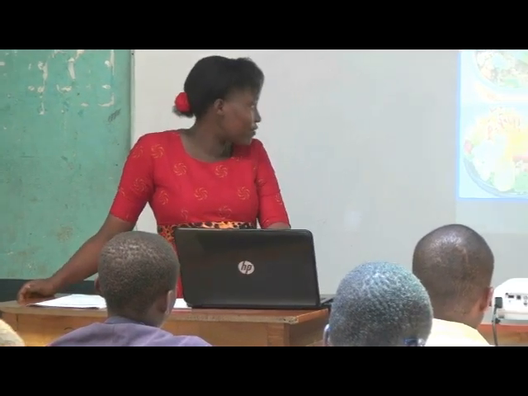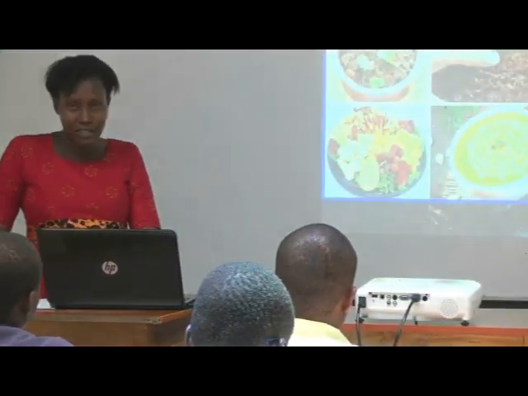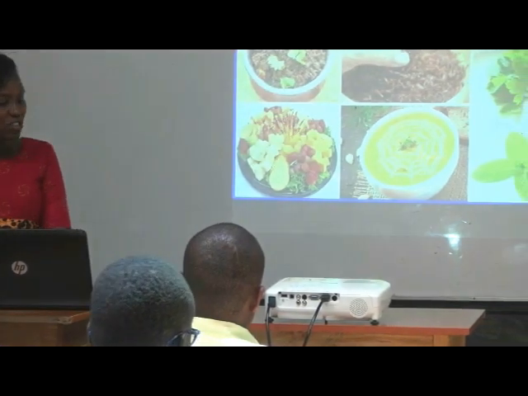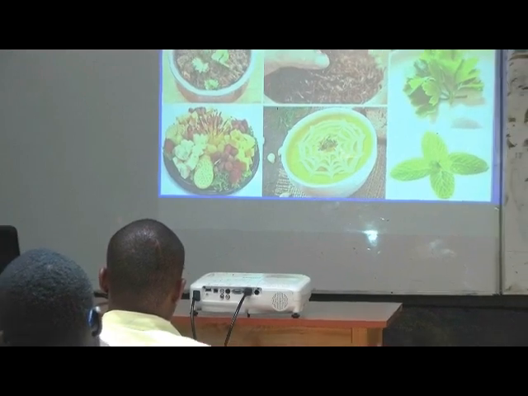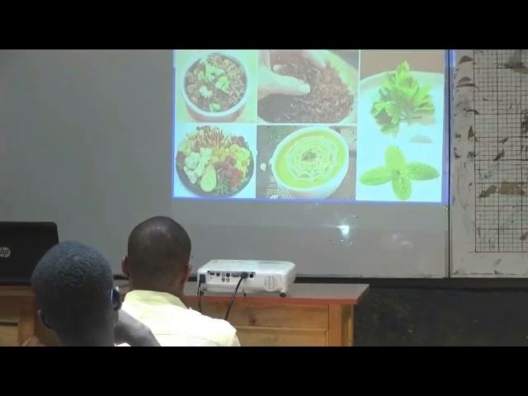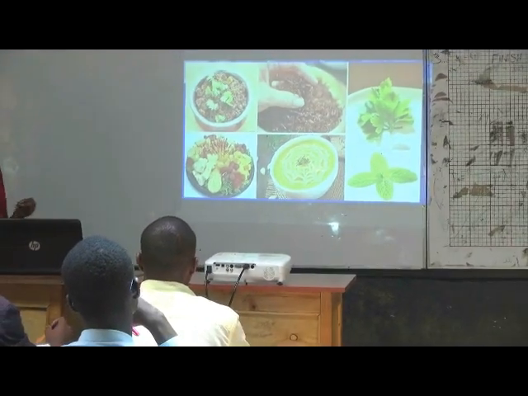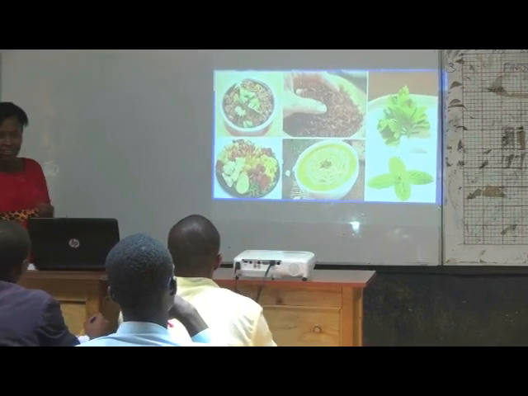There are examples of food dishes that have been served already. Which one? The first one. What do you think that one is? Minced meat, huh? What is put on top? Yes, coriander.